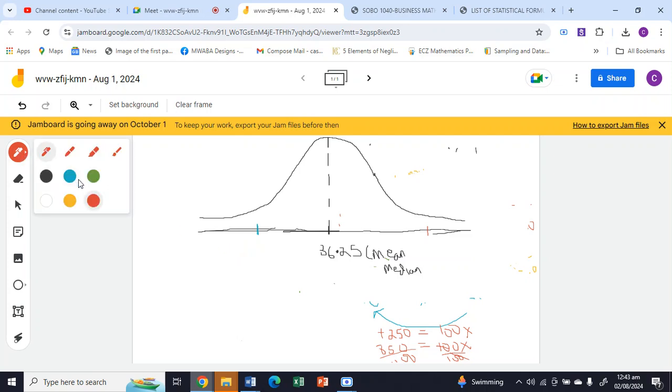Okay, 25.65. And then 36.25 plus 10.66, the standard deviation.